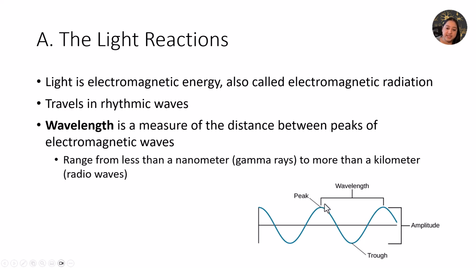But a wavelength is the distance from the top of one peak to the top of the next one. Wavelength can range from less than a nanometer, which are gamma rays, to more than a kilometer, which are radio waves.